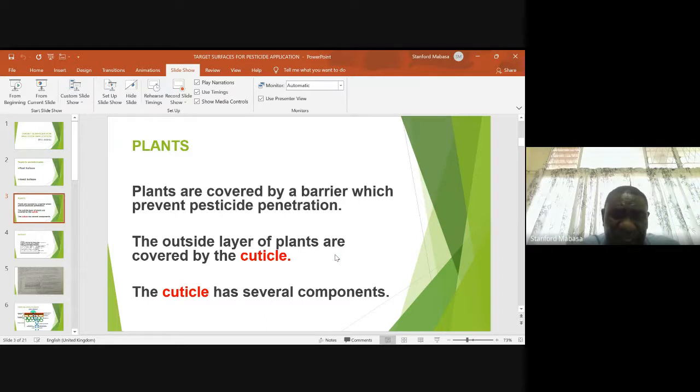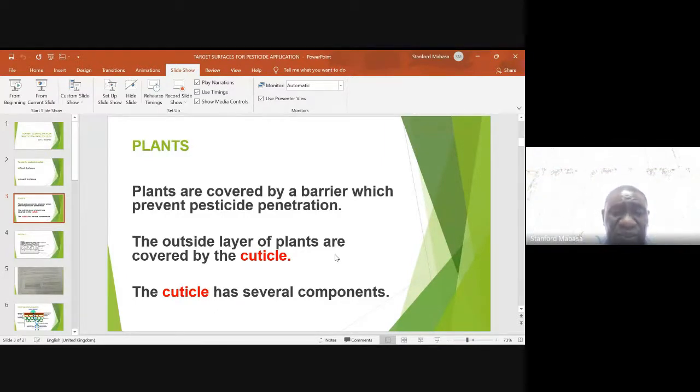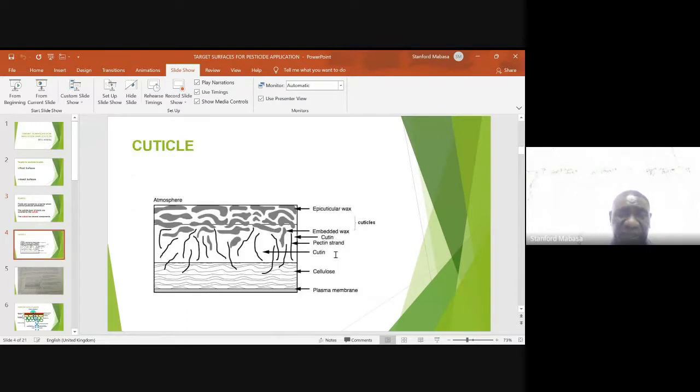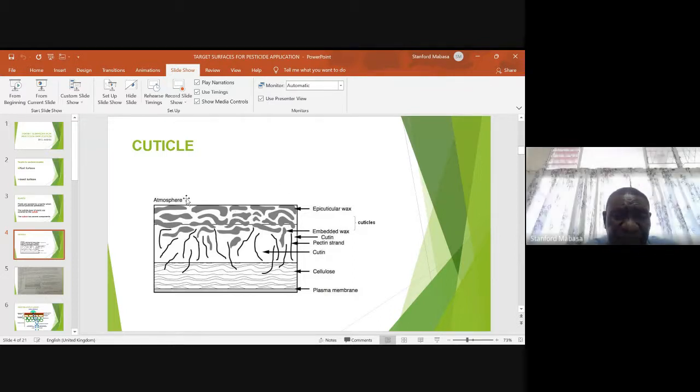The outside layer of plants is covered by what we call the cuticle. And this cuticle has several components or parts. So here I've got a diagram showing the cuticle.